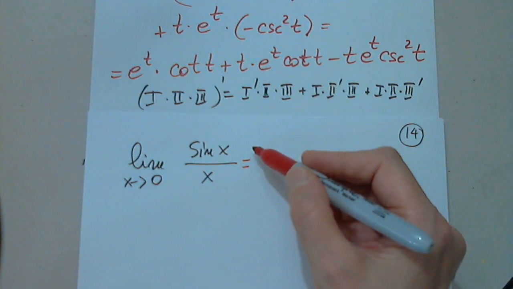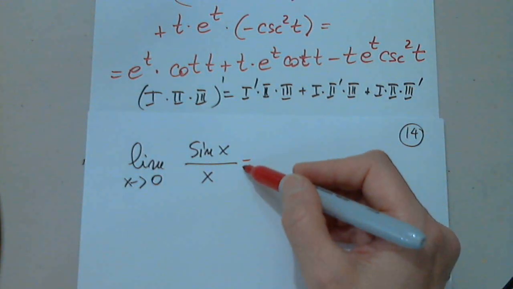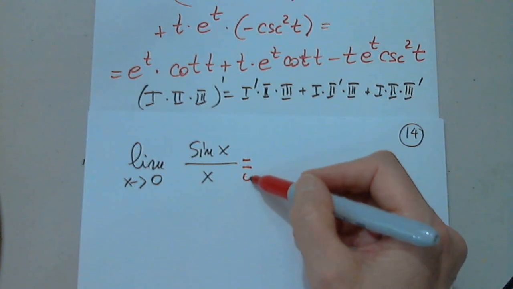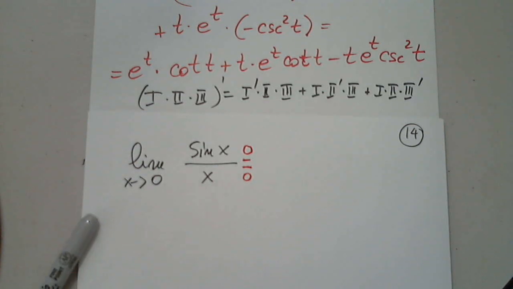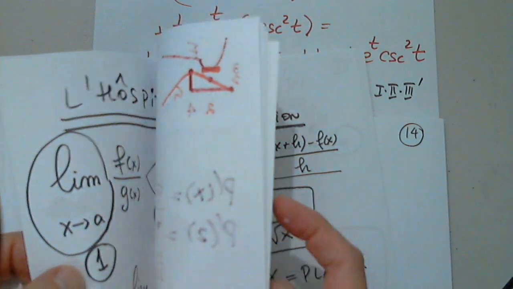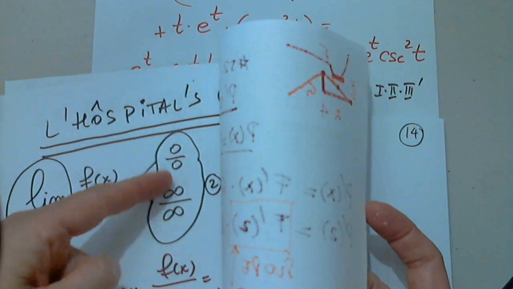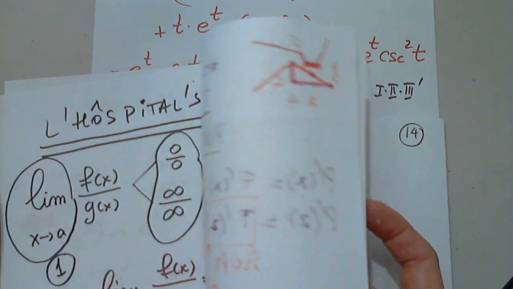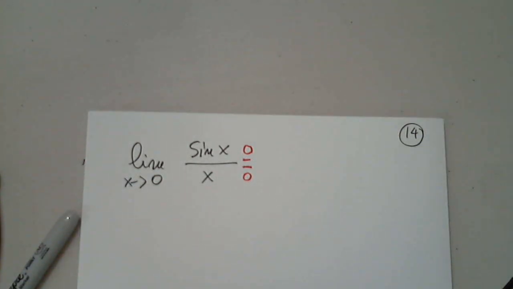Sine 0 over 0, so 0 over 0. Good. Now, a few minutes ago, we had this wonderful discussion about our friend L'Hopital. He said, if it's a limit and you get this or this, then you can apply the rule. Okay, it's a limit, and I got 0 over 0. So now I can apply the rule. Let's find the limit.